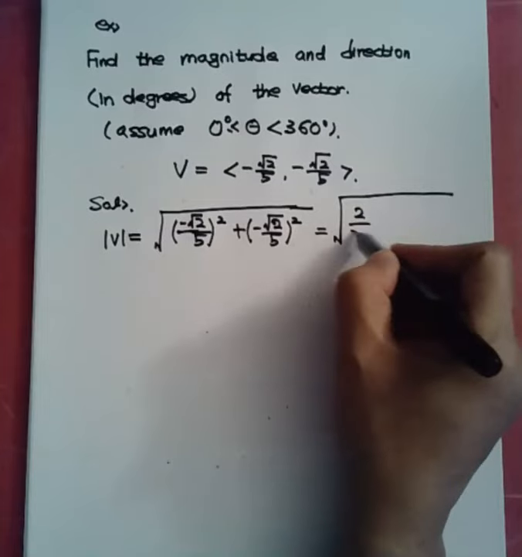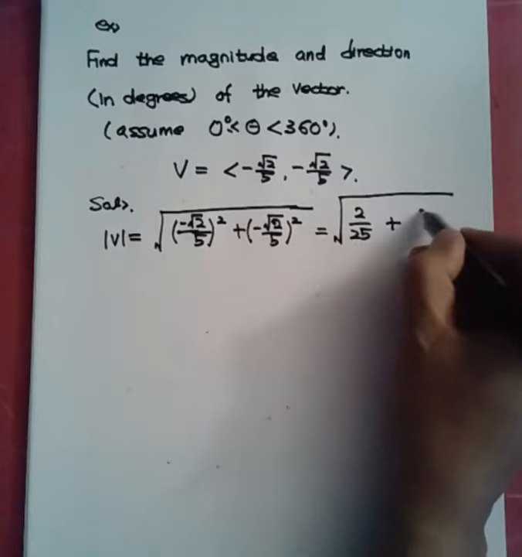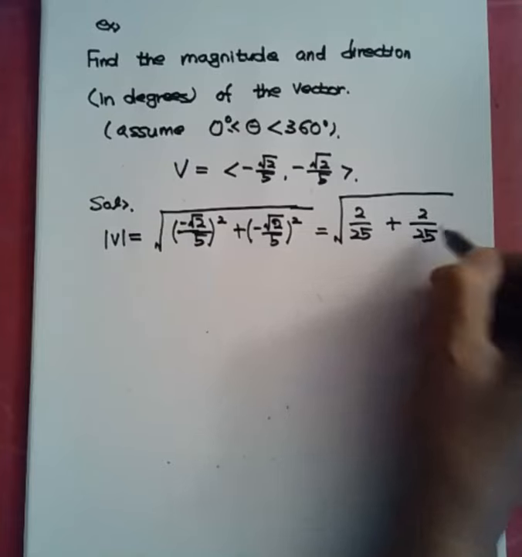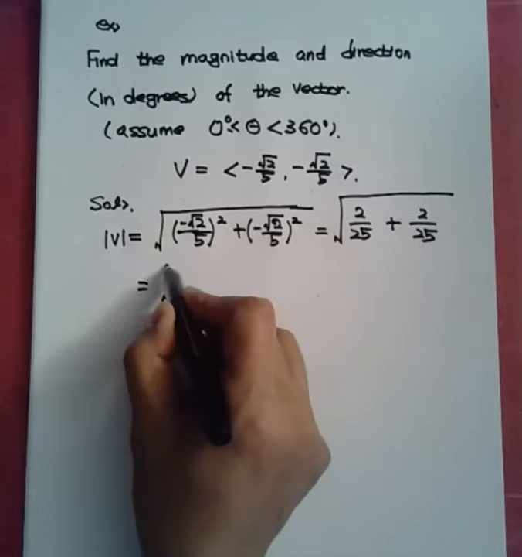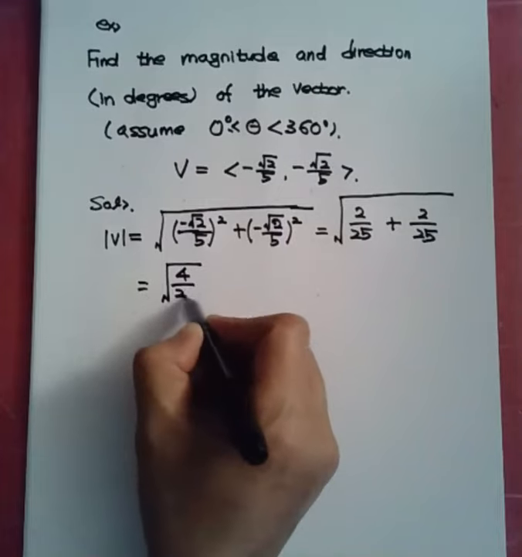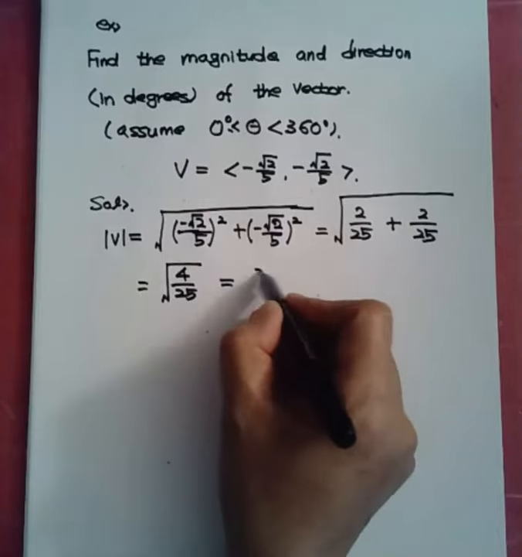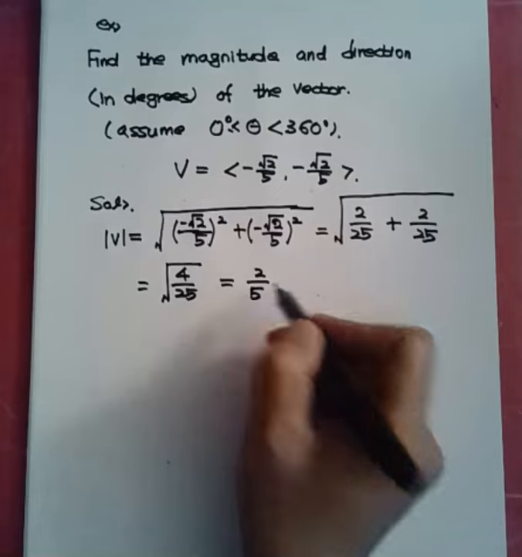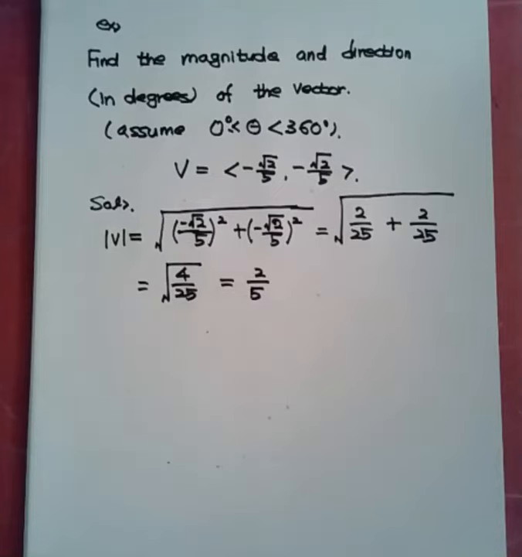That is 2 over 25 plus 2 over 25. So that becomes square root of 4 over 25. If we simplify, then that is 2 over 5. Now we want to get the direction.